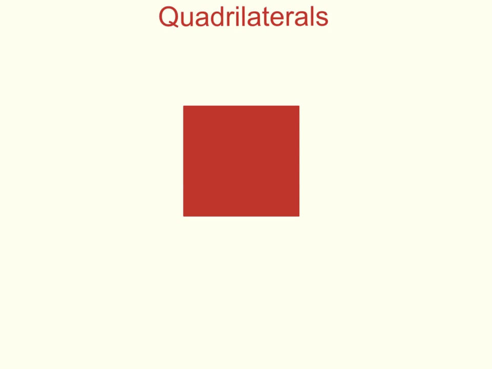Any four-sided shape. But there are different kinds of quadrilaterals with different names, so let's talk about those now. This is a pretty easy quadrilateral to recognize. Do you know what it is? It is a square. And there are some things about a square that make it special. For example, all four sides are the same length. Also, a square has four perpendicular angles, or right angles.